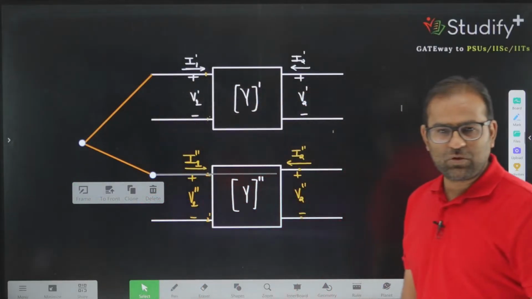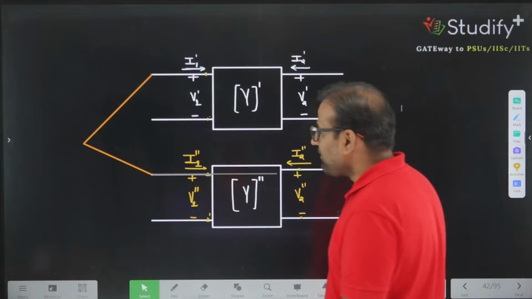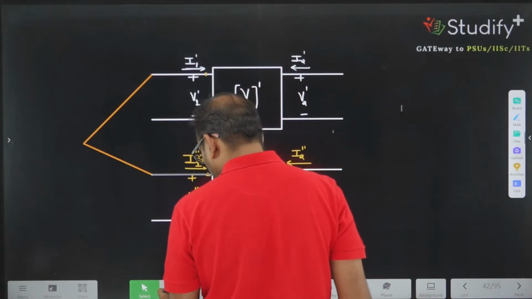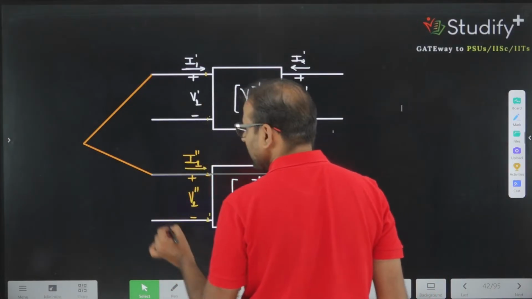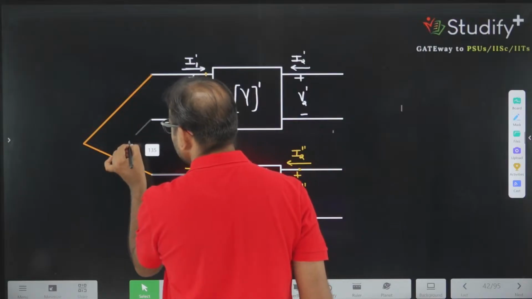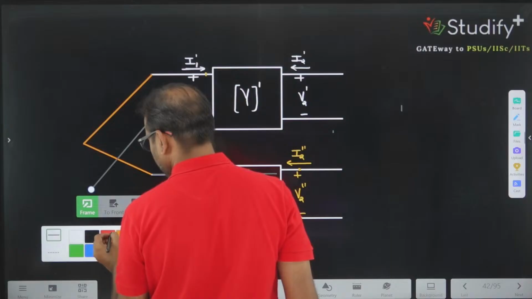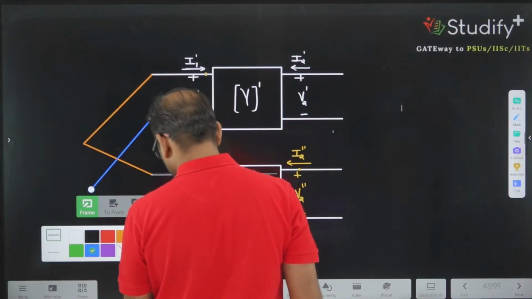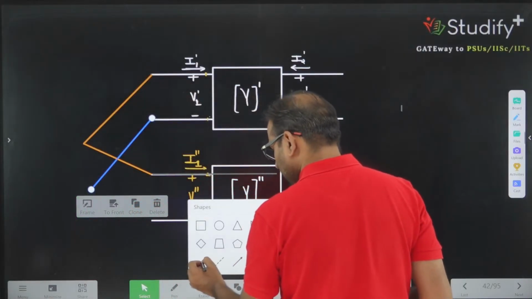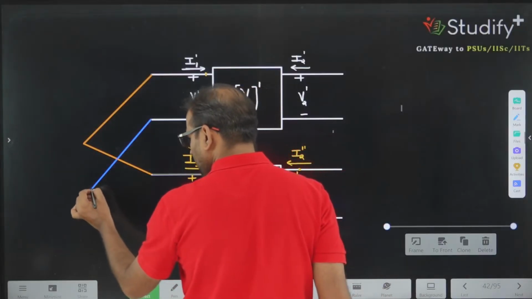One terminal and 2 terminals are connected, and 1 prime and 2 prime terminals are also connected. So you can say one more terminal we are having here, and another terminal we are having is this.